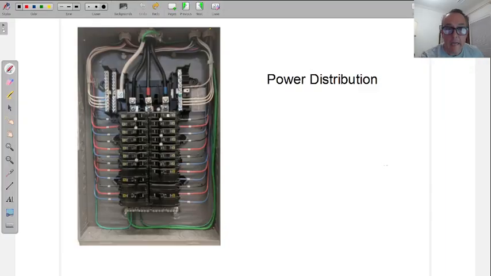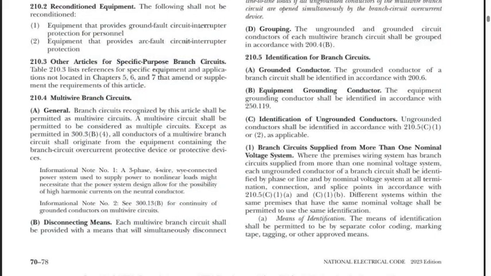Meaning that there's a way to color coordinate the conductors to let everyone know what the wires are: neutral versus hot versus grounding conductor. Now the articles themselves that give us the color for a grounded conductor, the neutral, or the grounding conductor, the ground, are here. 250.119 for the ground, 200.6 for the grounded.